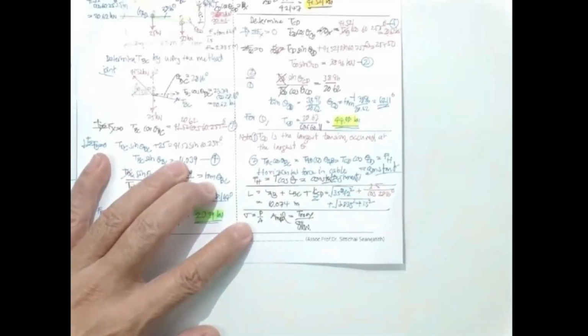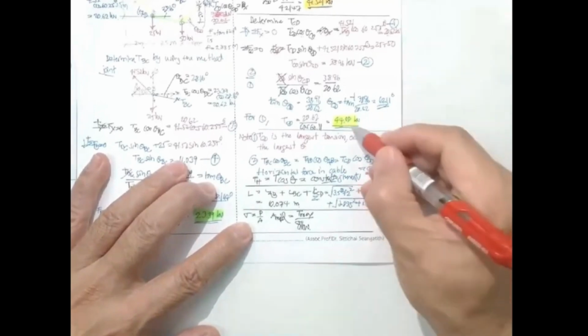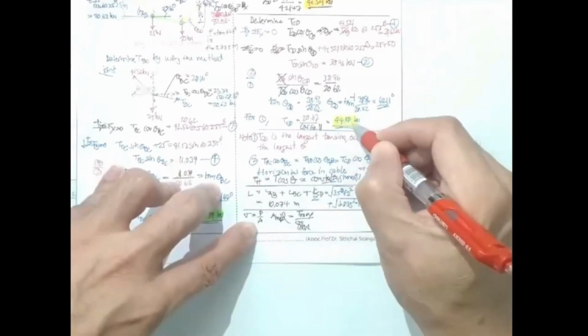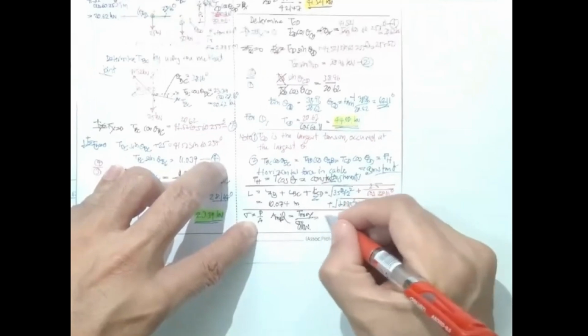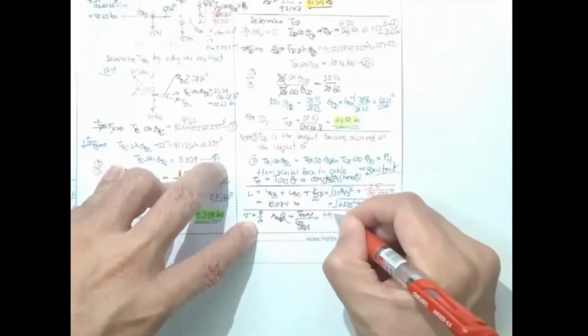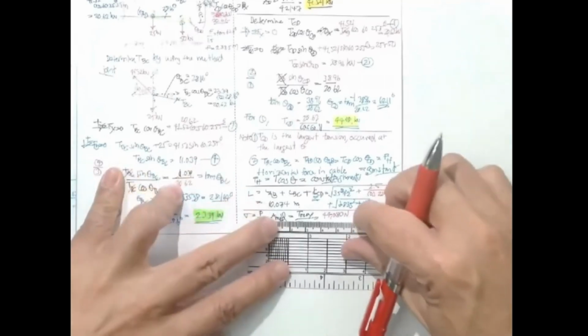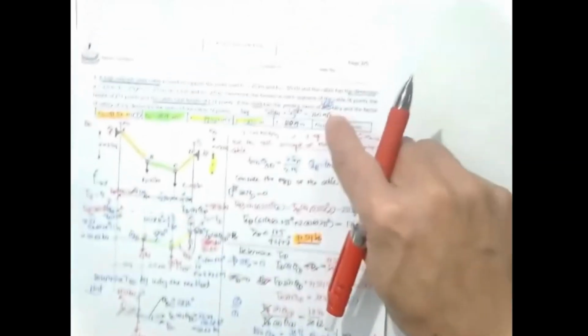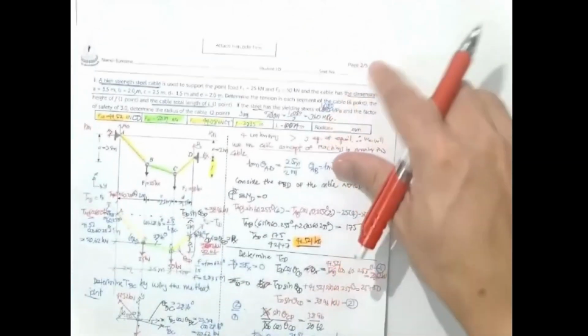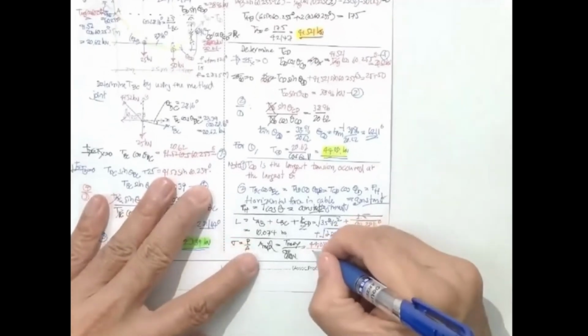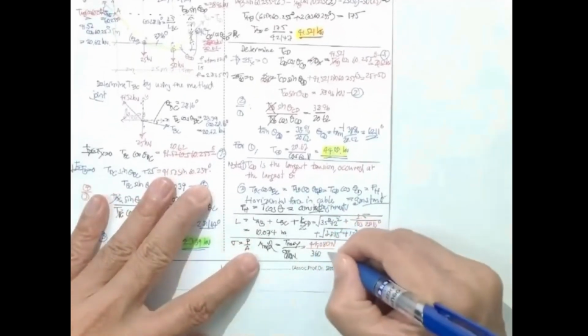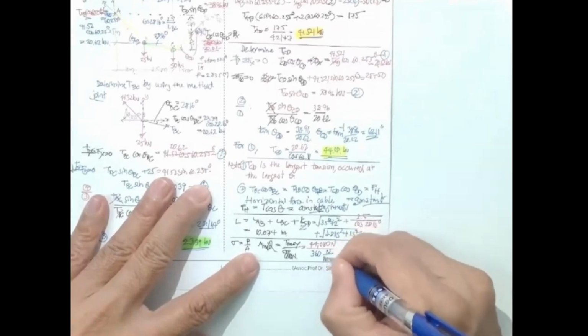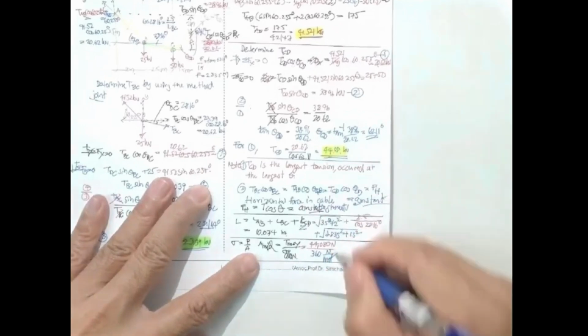Remember this one? That is going to be our T max. It's going to be 44080 Newton, and then divided by our allowable, that is 360 Newton per square millimeter. Then you get this one to be what?